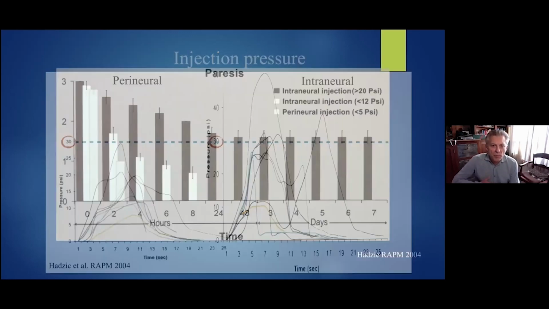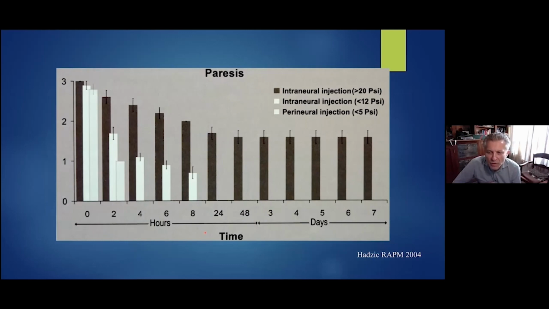And he performed a study in dogs where he looked at the injection pressure. When he was at a low pressure of less than 5 psi, he was perineurally, and the block lasted for a few hours. When he injected intraneurally with pressures of less than 12 psi, he was probably intraneurally, but not intravascular, and he had a block that lasted much longer.